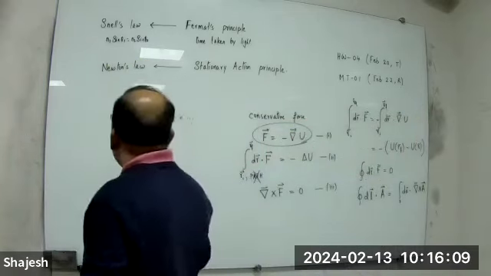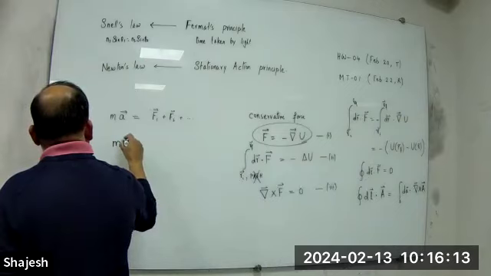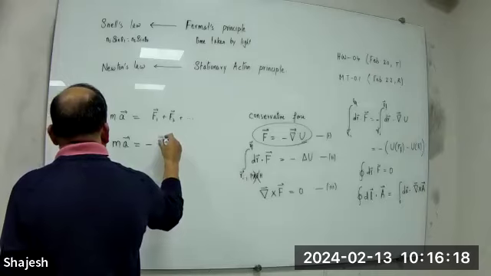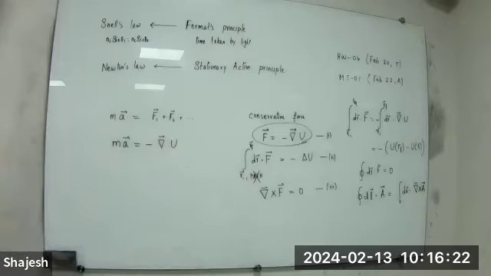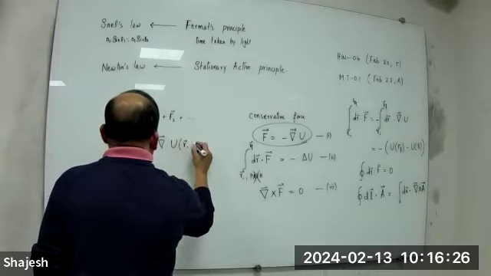So let me say that Newton's law is nothing but mass times acceleration. Let's say there is one force acting on it, and it's the gradient of U. U is a function of r, and in general, let's say it is a function of r or time.